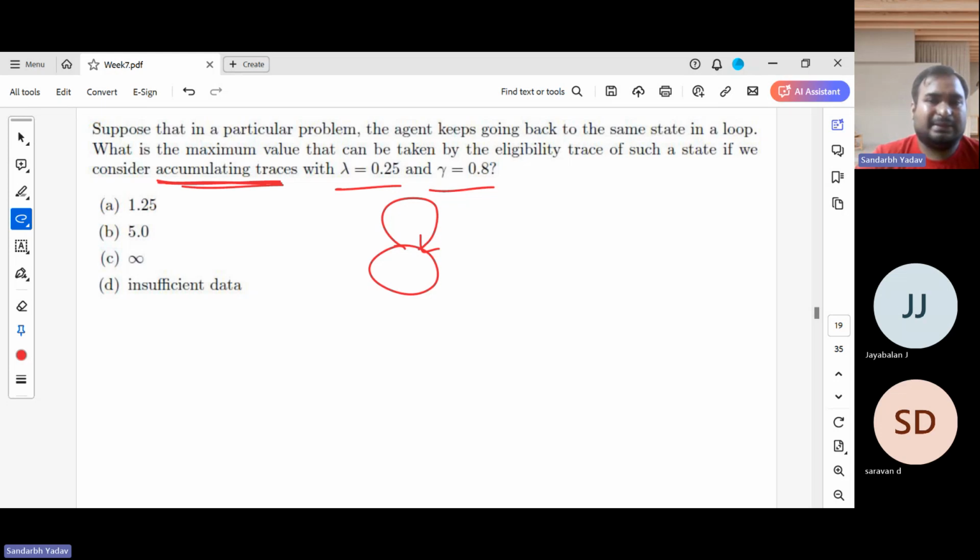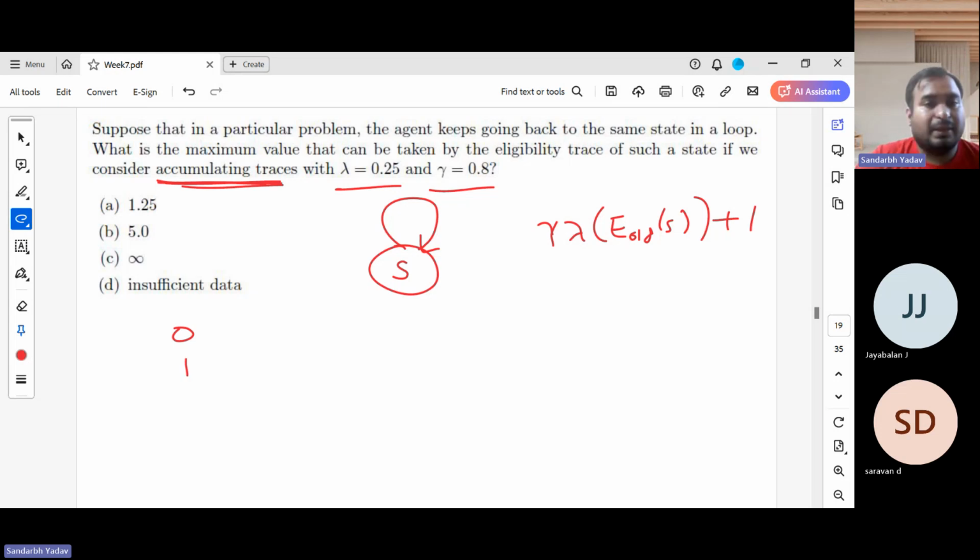So initially you'll start with 0, then you are visiting this state again and again, maybe call it S. If you visit the same state again and again, you simply multiply the old eligibility of this state S by gamma lambda and then add one also. Since it was zero, this factor will go away and it will become one.